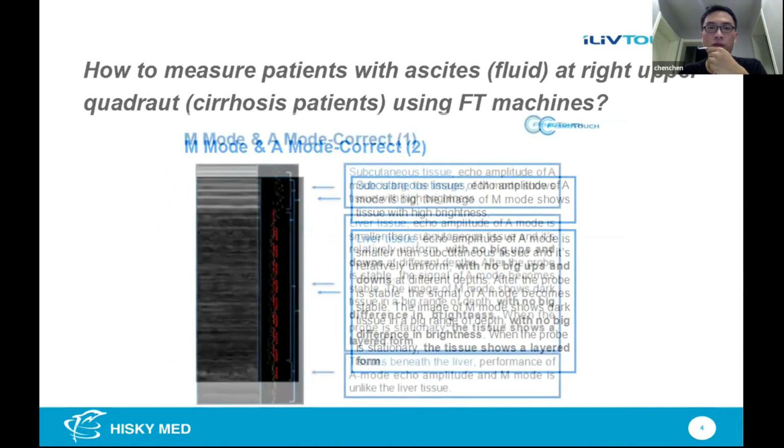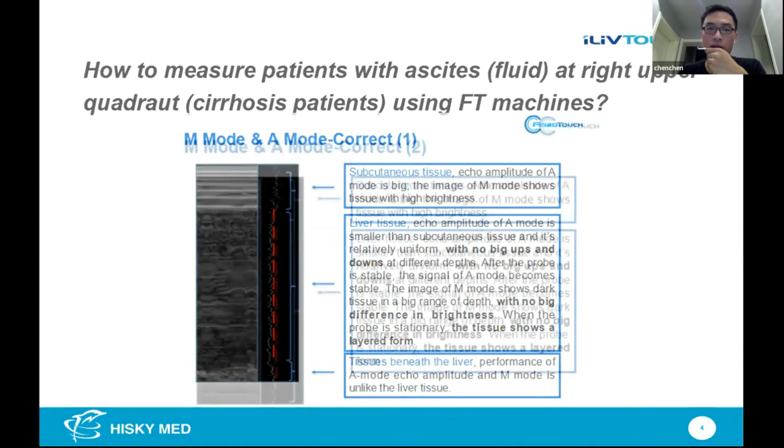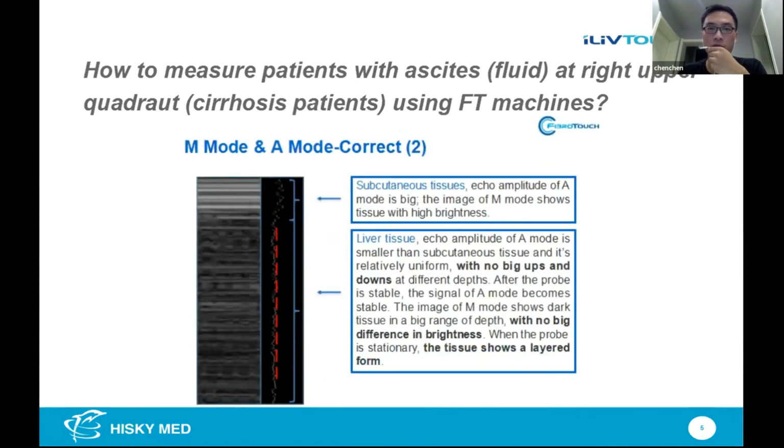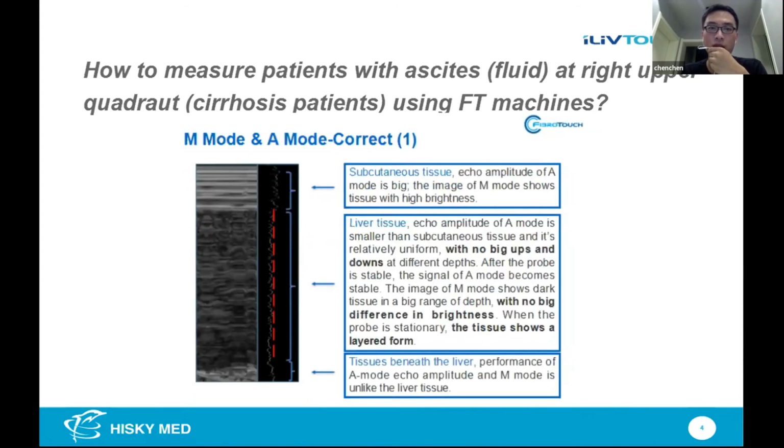And for some cases, we have the correct picture for B mode. Two kinds of B mode. You can see the second picture is a correct picture. But in the first picture, at the bottom it has some white tissues. That white tissue is non-liver tissue. For some patients, if they have a very small liver, you will see the non-liver tissue.